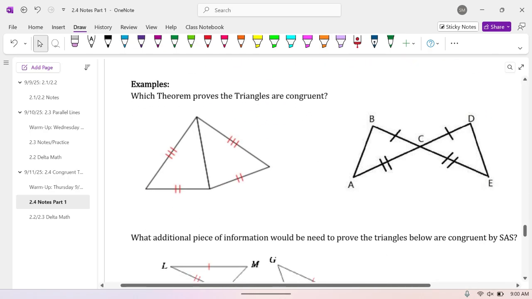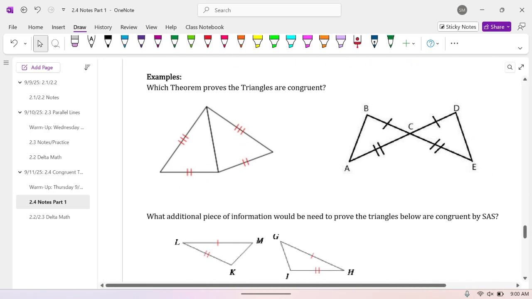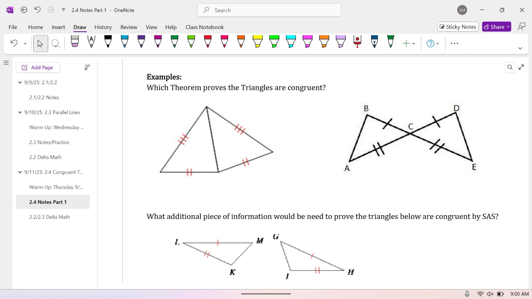All right, so let's look at some of these examples. This first one on the left, which triangle congruency postulate, SSS or SAS, do you think makes these two triangles congruent? SSS, why? Well, no angles are marked, first off.